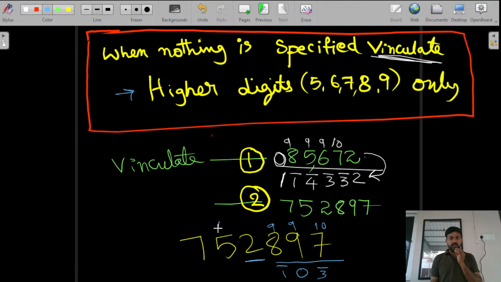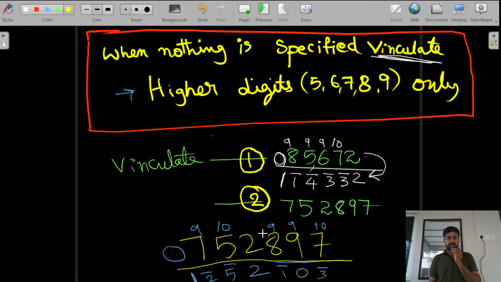Restart all from 9, last from 10. So 10 minus 5 bar 5, 9 minus 7 bar 2, and assume there is a 0 before 7. So the 2 you have to write as it is. You should not put a bar on 2. So this is the vinculated form of 7,52,897. Did you understand? Once again I am repeating it.